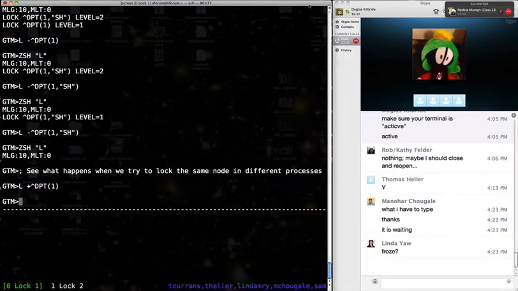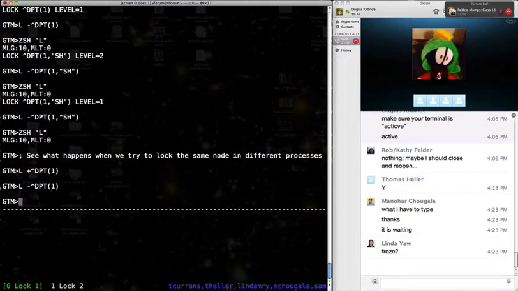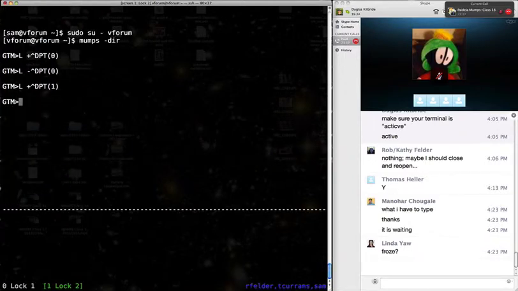So what I'm gonna type now is lock minus up caret dpt of 1 and hit enter. So far so good. Let's switch back to lock 2. What you will see is that GTM is not waiting anymore. It actually finished.